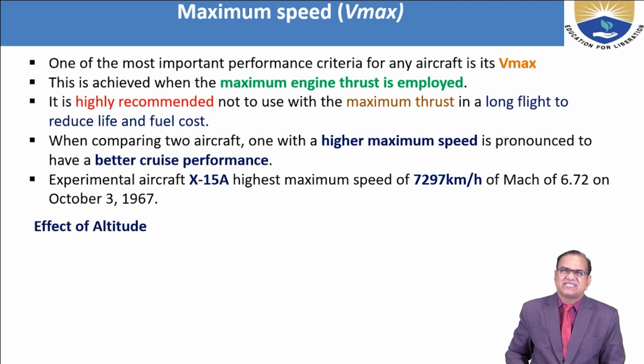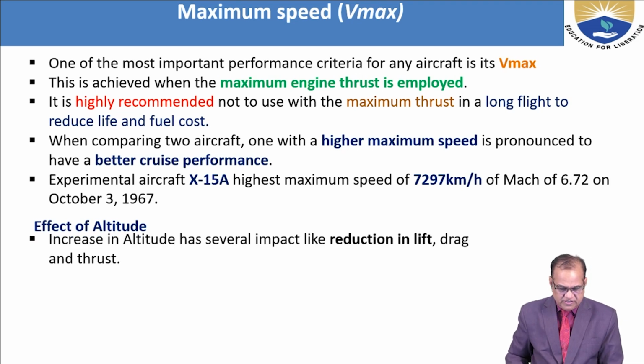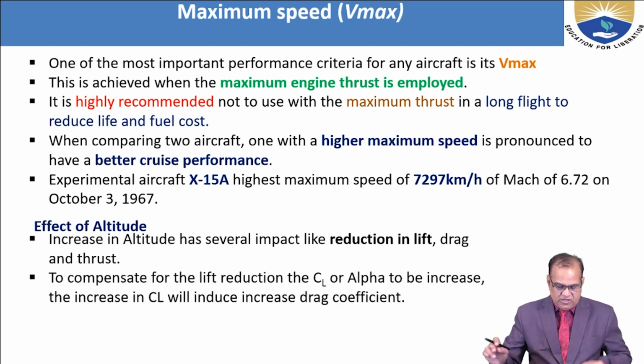Now we will discuss the effect of altitude on the aircraft. Increase in altitude has several impacts like reduction in lift, drag and thrust. To compensate for the lift reduction, the CL or the alpha has to be increased. The increase in CL will increase the drag coefficient also.